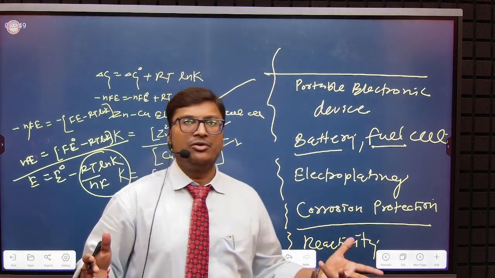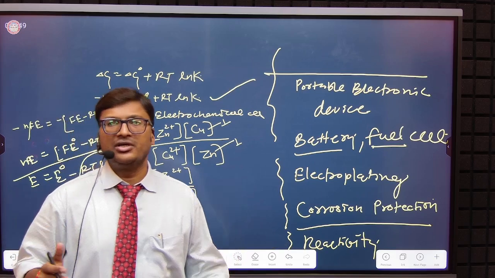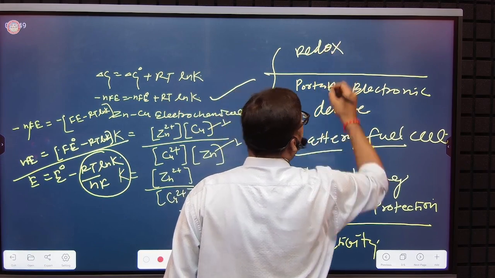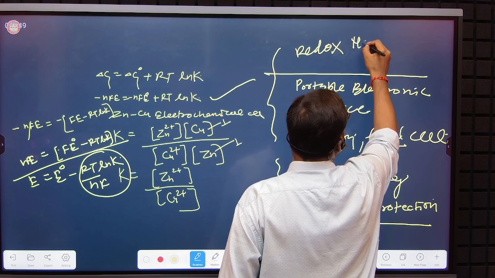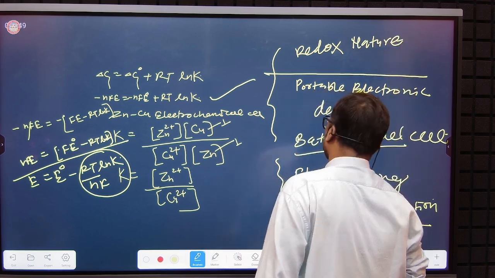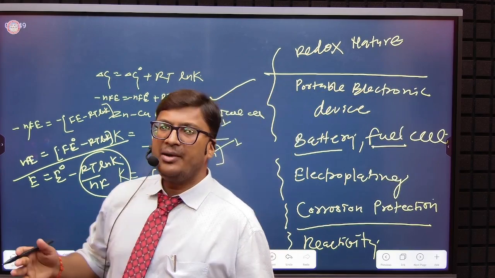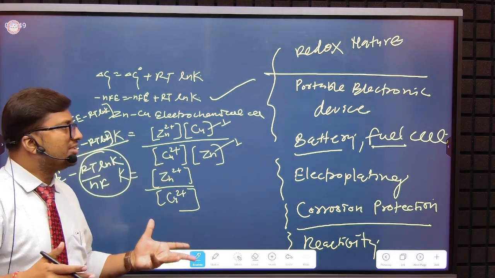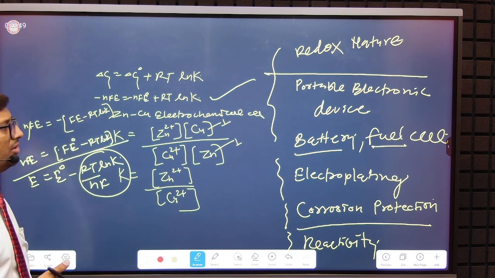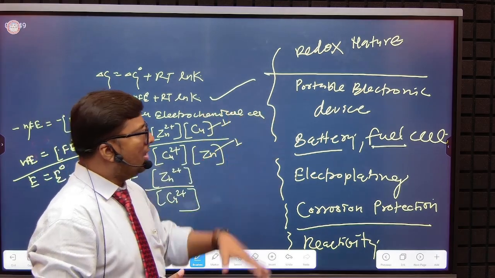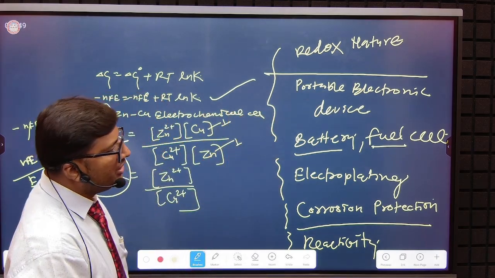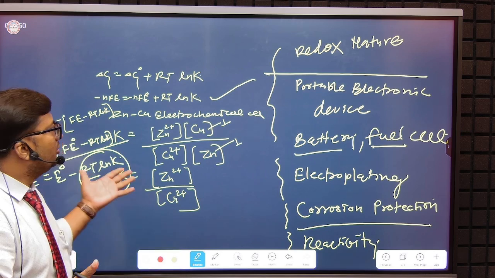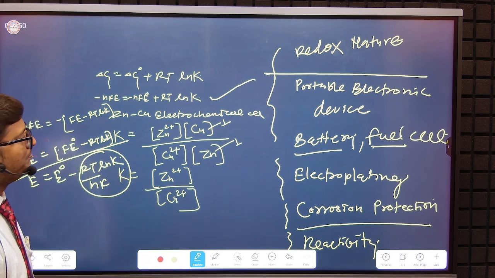Whether a species is oxidizing or reducing, those are redox natures, and redox behavior can be estimated through particular electrochemical cell reactions, right? So these are the applications based on electrochemical cells and reactions, and they involve electrochemistry.